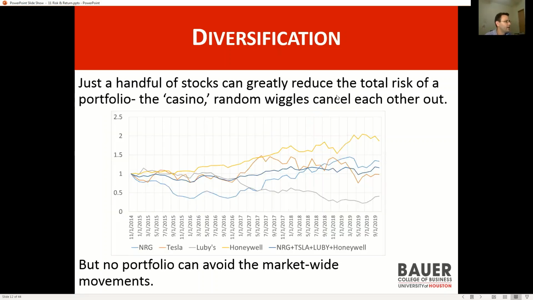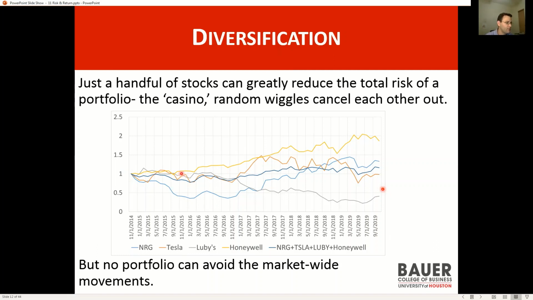Okay. The other thing to note with diversification is that you can get a lot of bang for your buck with a small portfolio. So here I took just 4 stocks, NRG, Tesla, Luby's, and Honeywell, and then I created a portfolio that just equally weights the 4 of them. And you can draw out their returns over time from 2014 to 2019.